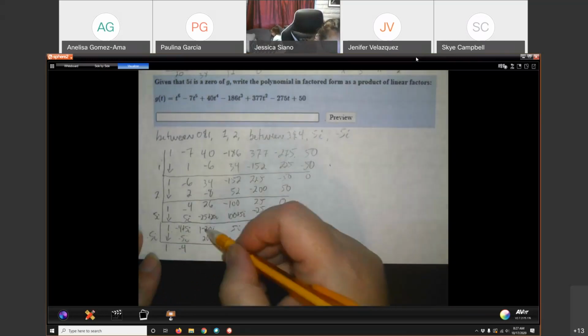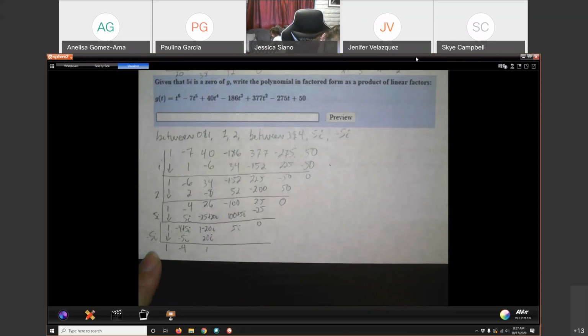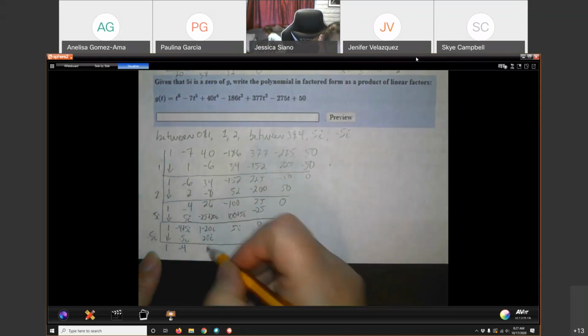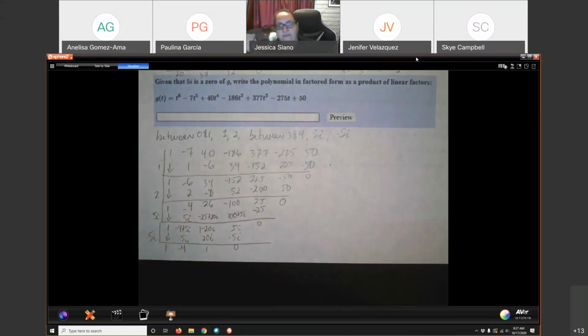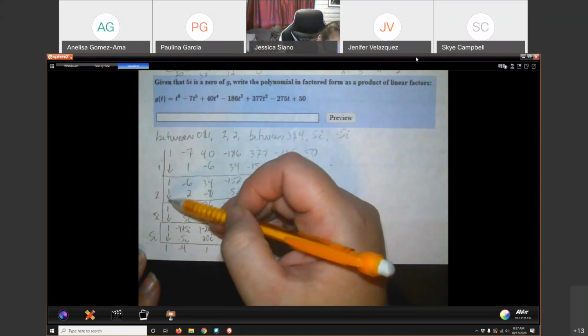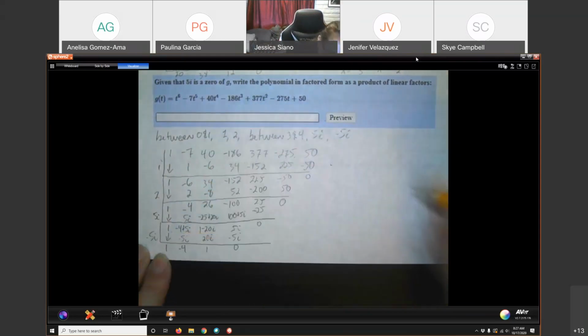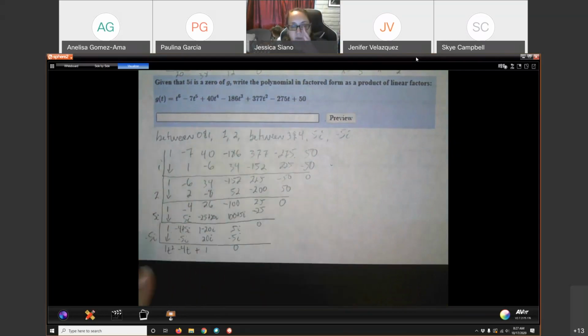And then a 1 minus 20i plus 20i is just 1. And then 1 times a negative 5i is a negative 5i, and that's 0. Cool. And so then if this was t to the 6th, this is t to the 5th, 4th, 3rd, squared. So this would be 1t squared minus 4t plus 1.